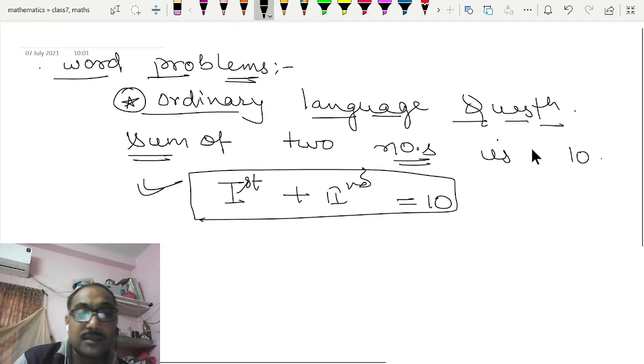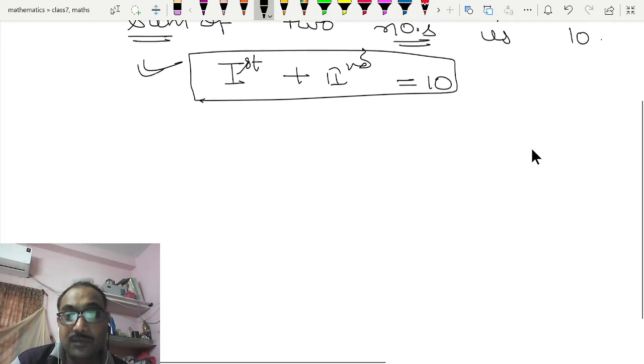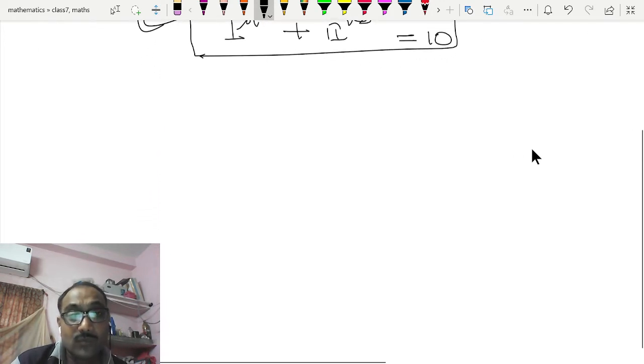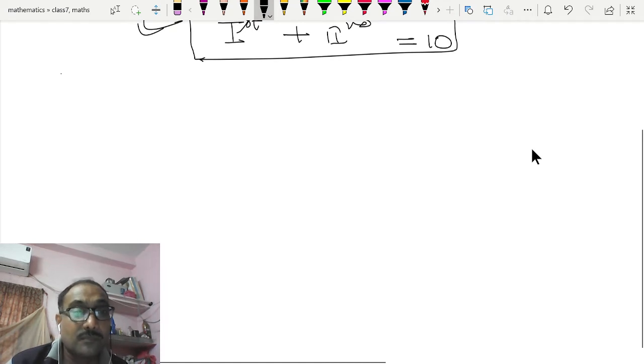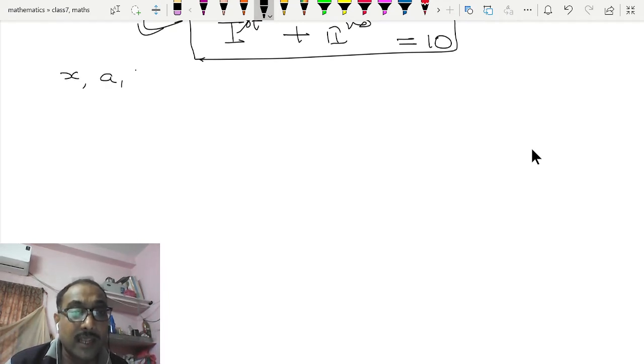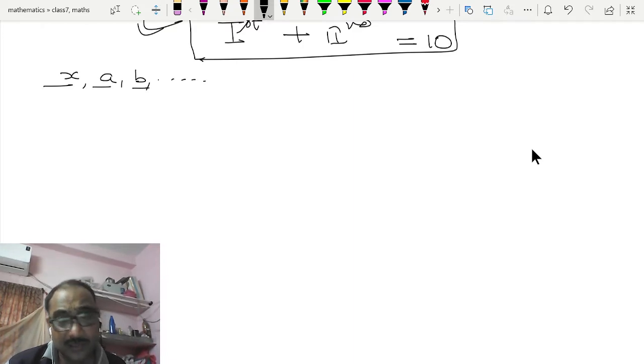Now, as we have a simple equation in one variable, we use x, a, b and so on, small letters of the English alphabet, as variables. Whenever we write an equation, we use variables and constants.